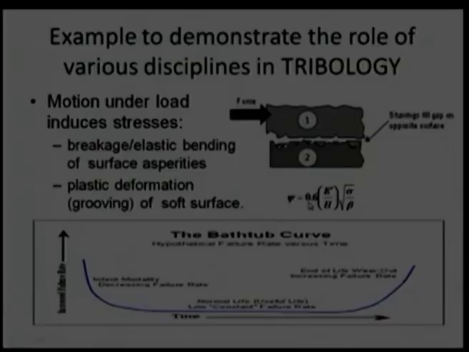To quantify all this, we can define a parameter called the plasticity index. Here psi is equal to 0.6, in brackets E divided by H. Here E is Young's modulus, a composite or effective Young's modulus.